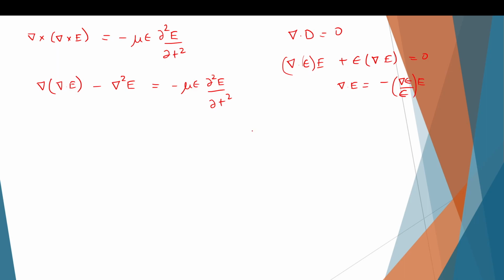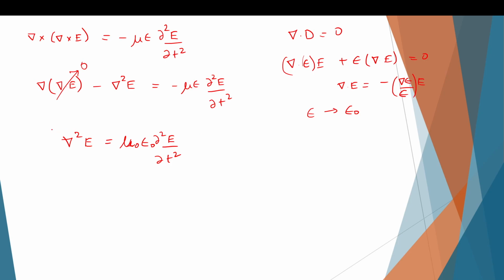But we started with assuming that we are in vacuum. So for vacuum we can just assume this del dot E to be equal to 0. So basically the epsilon is constant in vacuum, which is equal to epsilon naught. So my del dot E will become 0, and then I have my wave equation, del square E equal to, since this is vacuum, mu naught epsilon naught dou square E by dou t square.